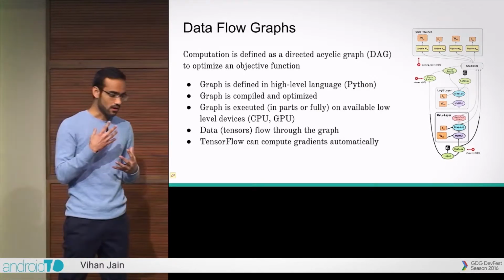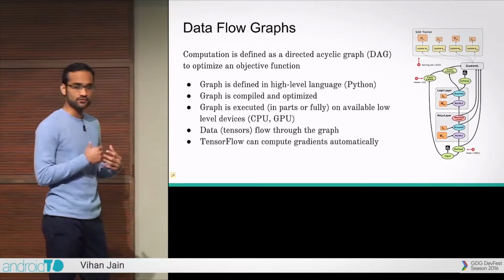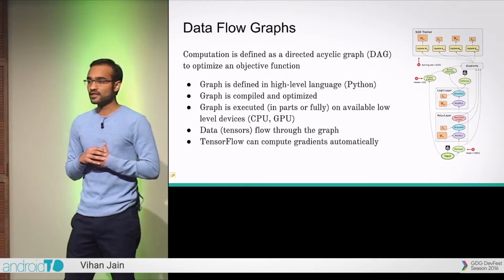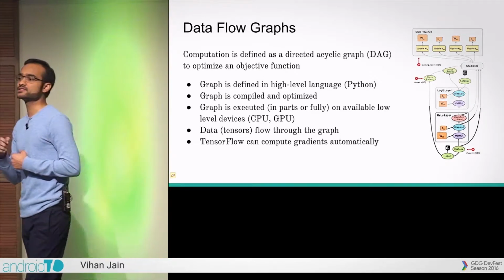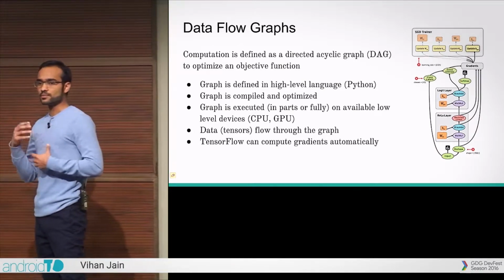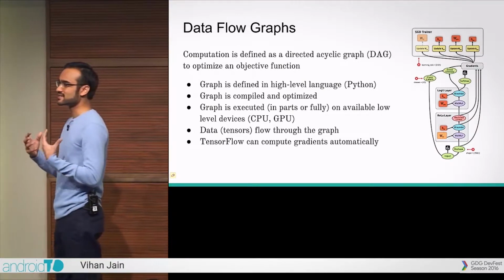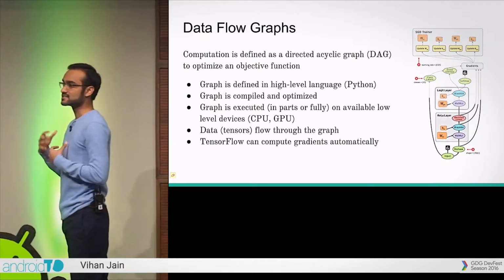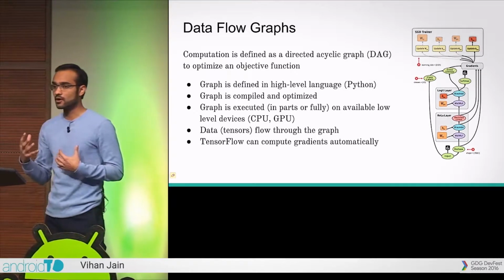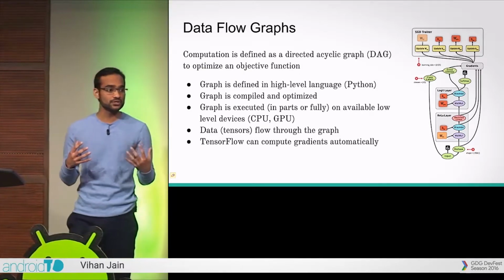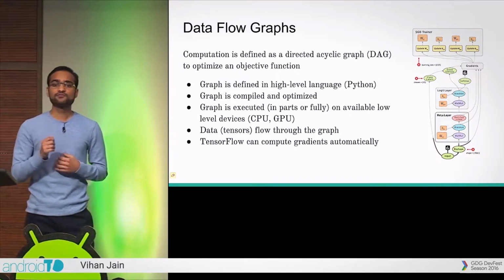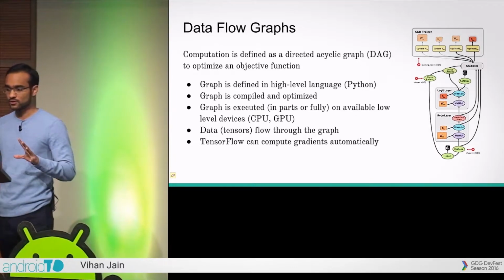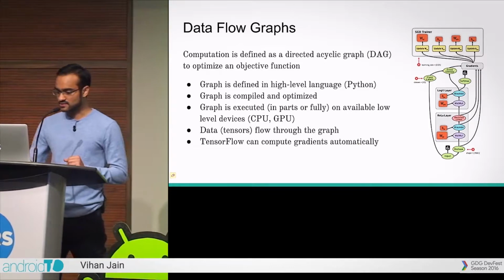But although it's a library for numerical computation, it's specialized for machine learning in that it computes gradients automatically for you. Gradient descent is a really popular algorithm for learning in machine learning. And since computing gradients is such an important computation in machine learning, TensorFlow does that out of the box for you. You don't have to write any special operations for computing gradients. It just does it automatically for you.